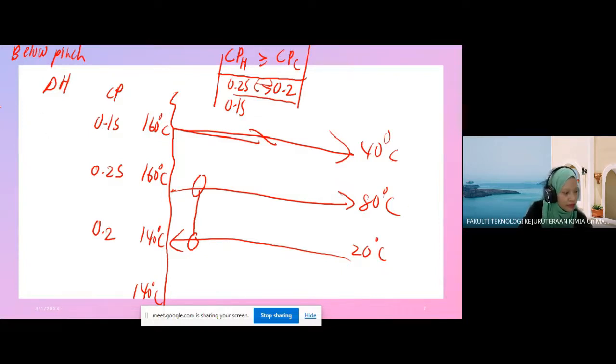You get 18, and then 0.25 times 160 minus 80, you get 20 and then 24, right? Okay, so now this one, the minimum one is 20, right? This one is also 20.